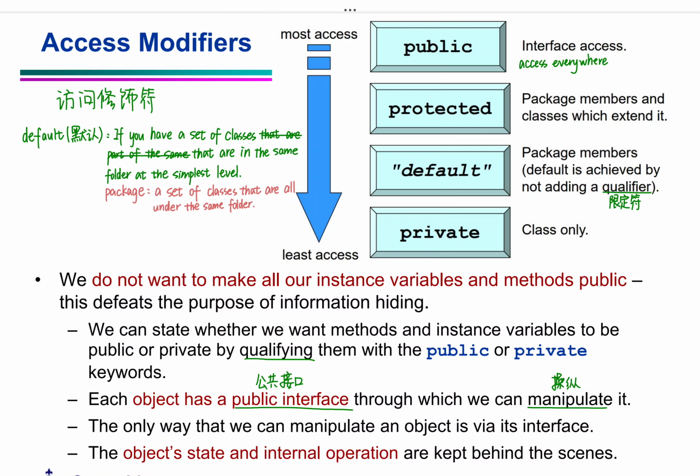So default, private, and class only. Protected means package members and extended subclasses can. Private is yourself, and protected means your family and yourself. Public means anyone, anybody.